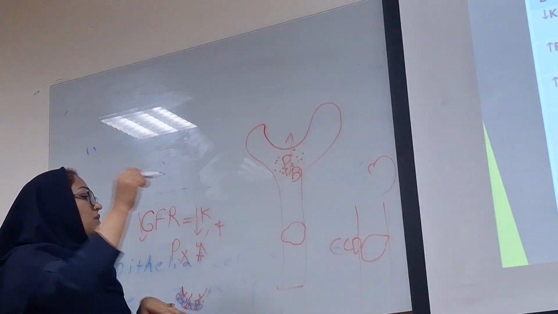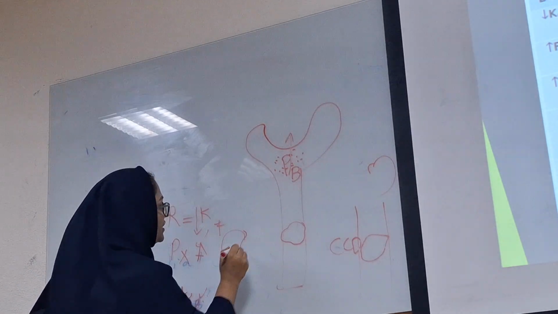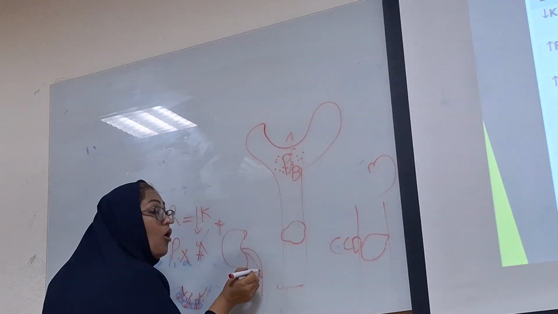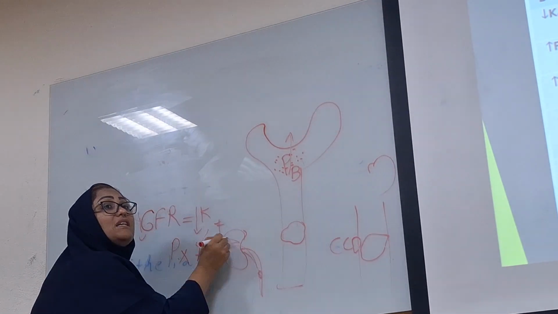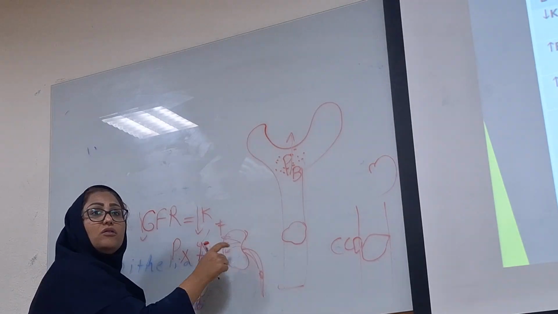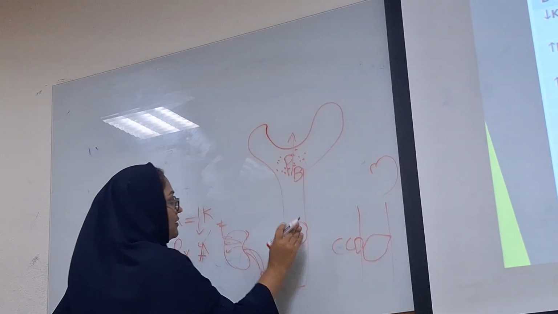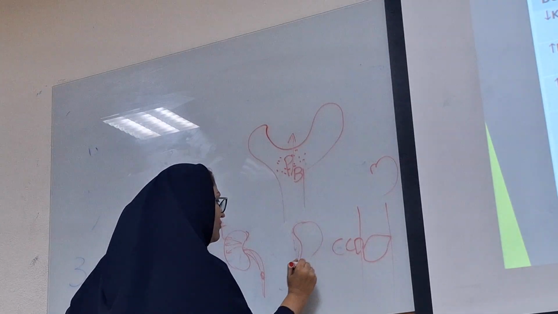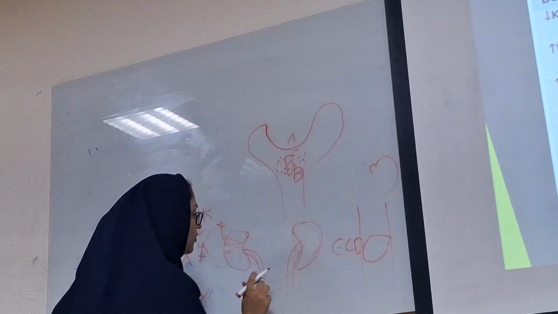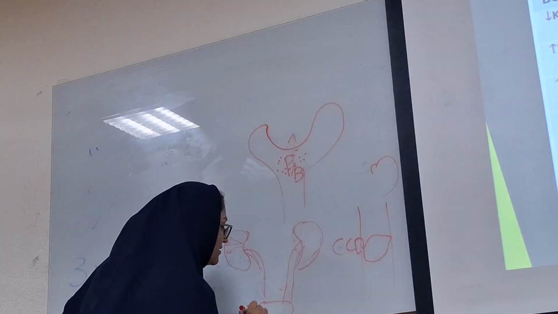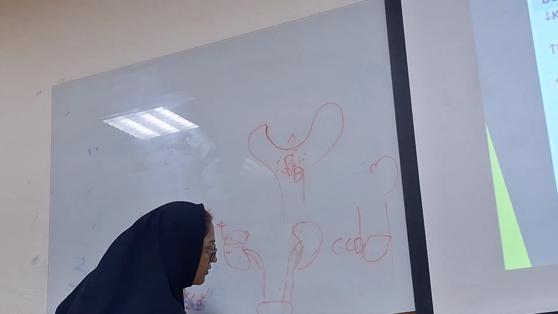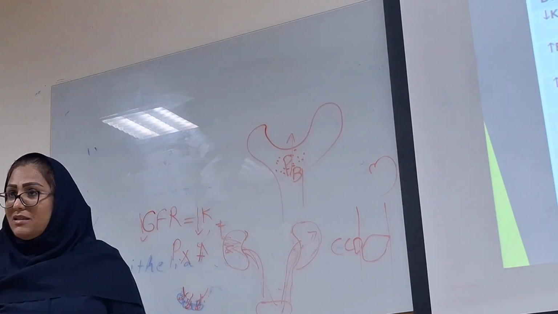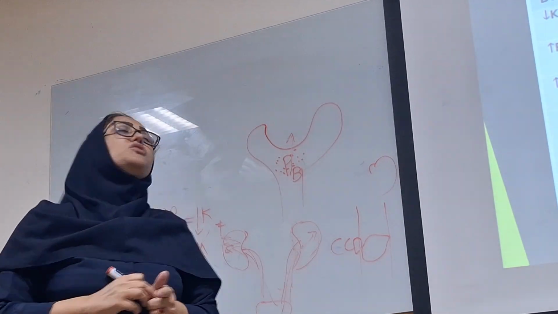If a stone is in the ureter of one kidney, all 1 million nephrons of that kidney are affected. If the stone is in the bladder, both kidneys are affected. PB increases, but it depends on the location of the stone.